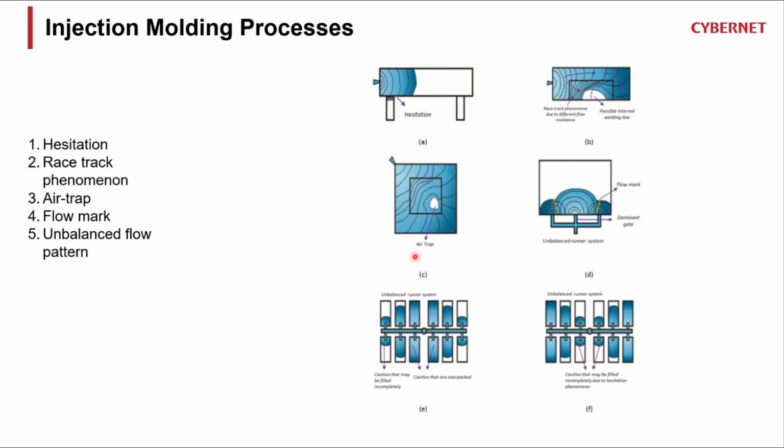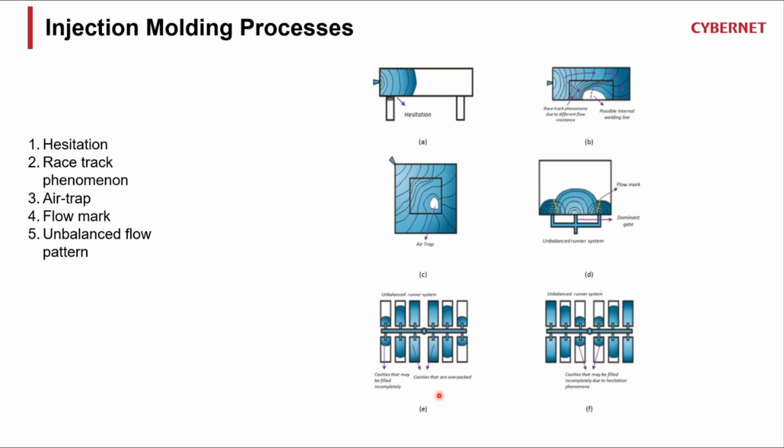And this is the air trap, which can be faced very easily. This one is more due to how many runners you put in the mold flow, so it causes an unbalanced runner system. And if you look at this orange line, when the flows intersect each other, the line will overcross here. This one is also caused by the unbalanced flow pattern.